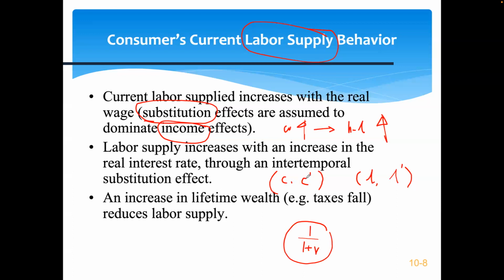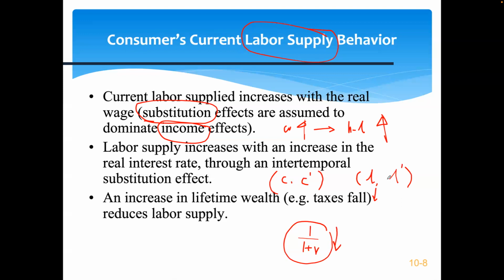So this is substitution. Now, similarly, for L and L prime, if interest rate increases, then L prime becomes cheaper, and certainly you want to reduce your leisure today and increase your leisure tomorrow. So this is an intertemporal substitution effect, right?